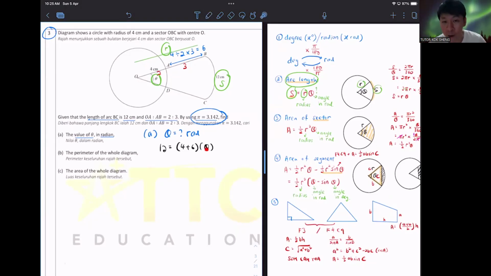This theta is already in radian, so after you find theta, no need to convert. Easy. Bring over, divide. Theta is 1.2 rad.